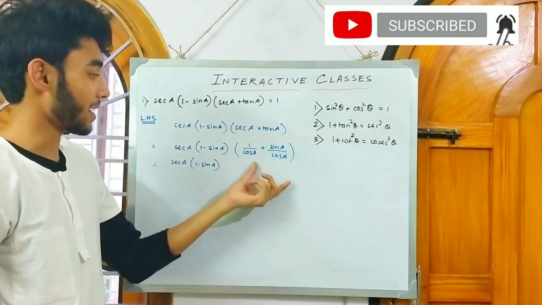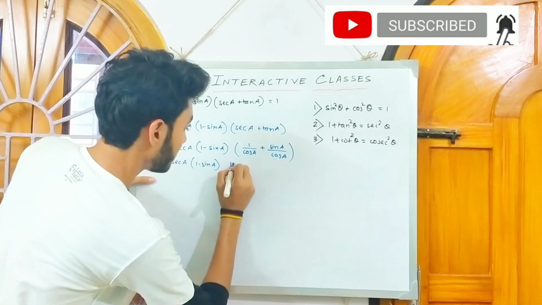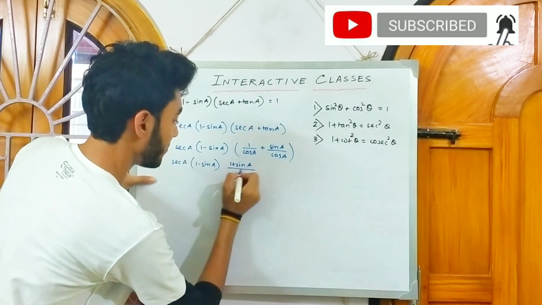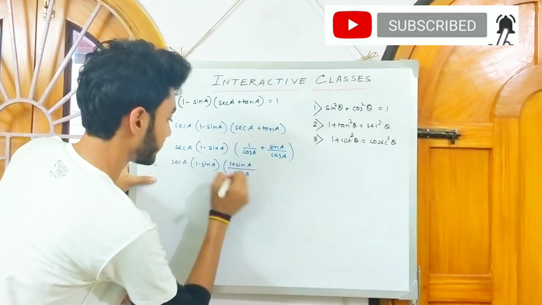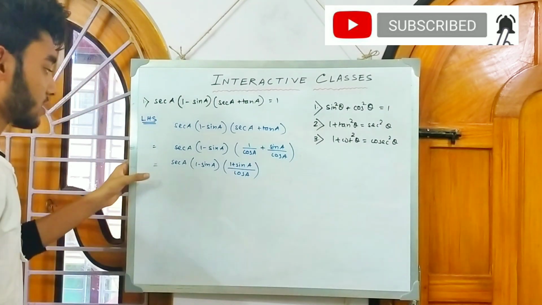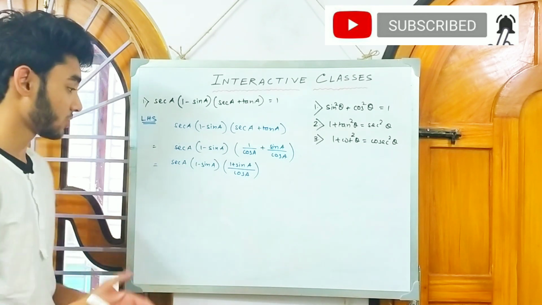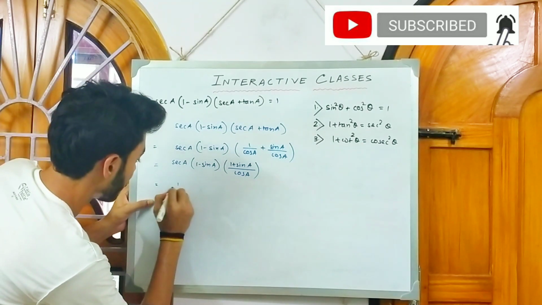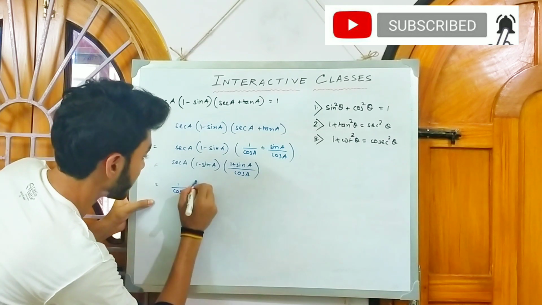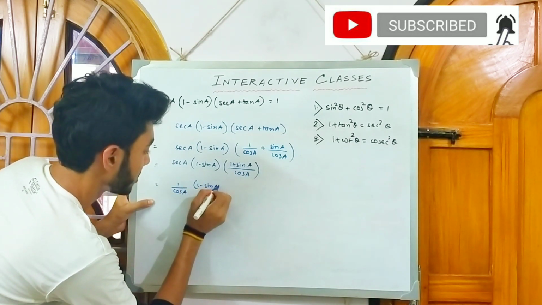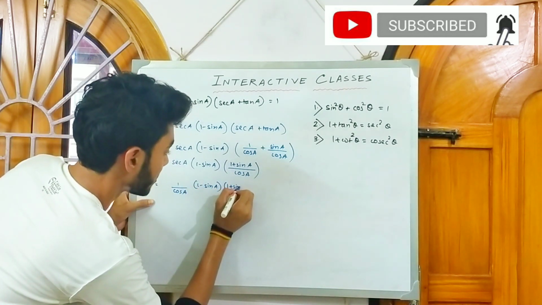By adding we can write (1 plus sin a) by cos a. Now sec a can also be converted into 1 by cos a.